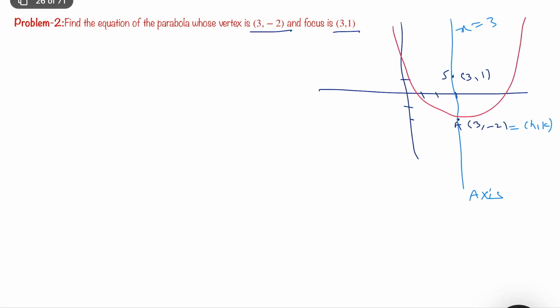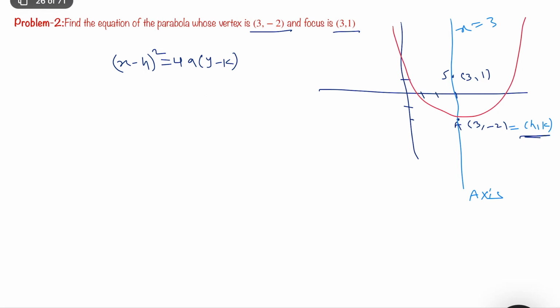Now I can tell you the parabola equation will be in this form: x minus h whole square equal to 4a times y minus k. Okay, because this is the parabola whose axis is parallel to the y-axis and is open upward. Here we already know h comma k, that is 3 comma minus 2.